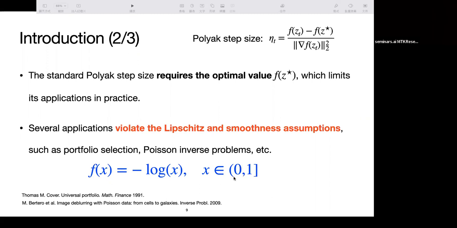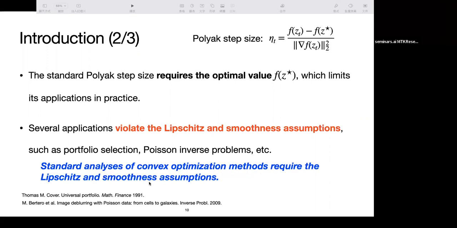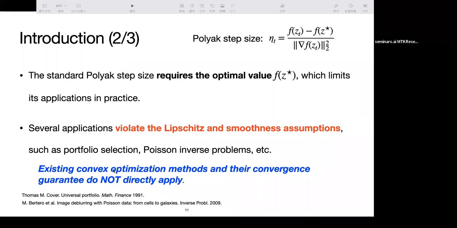When the point x is approaching 0, the absolute values of gradient and Hessian will go to infinity. However, standard analysis of convex optimization methods require the Lipschitz and smoothness assumptions. Hence, existing convex optimization methods and their convergence guarantee do not directly apply.